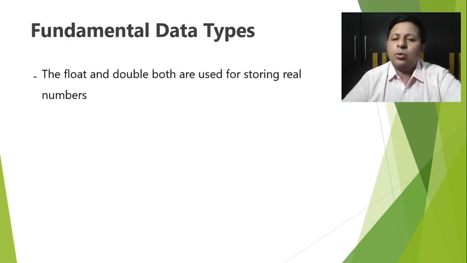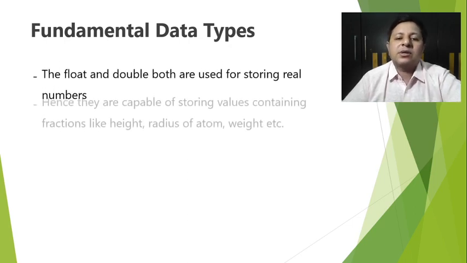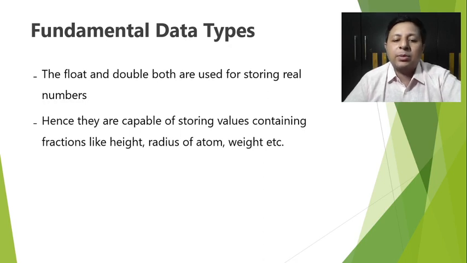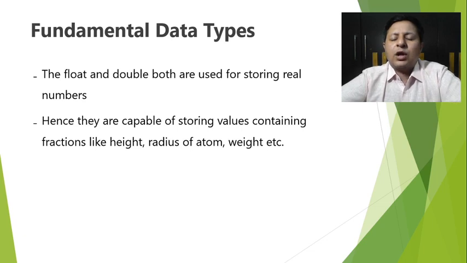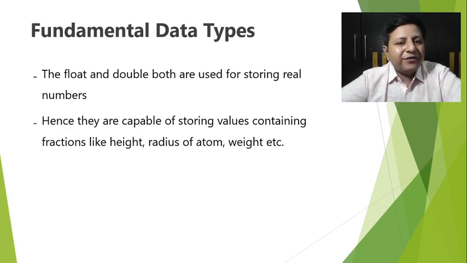Float and double are both used for storing real numbers, that means they are capable of storing fractions. Examples include storing a height, the radius of an atom, a weight, or a percentage. Generally we prefer percentage up to 2 decimal places. All such values are considered fraction values or real numbers, and for storing them we have float and double. Now why is that difference there?